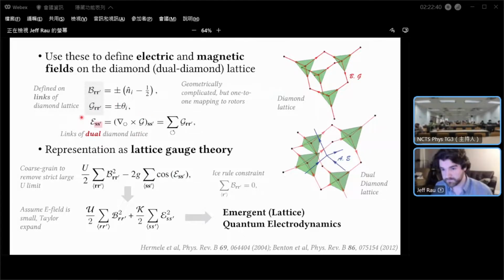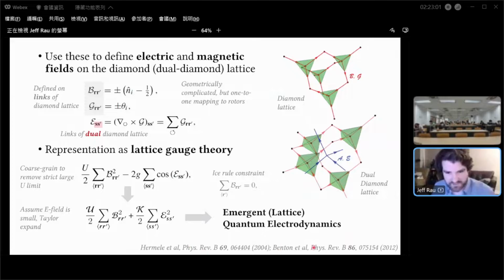This is the ugly bit here, which is that the lattice curl on this diamond lattice is on a new lattice, which is the dual of that dual diamond lattice. This is why I'm trying to quickly gloss over most of the details here.